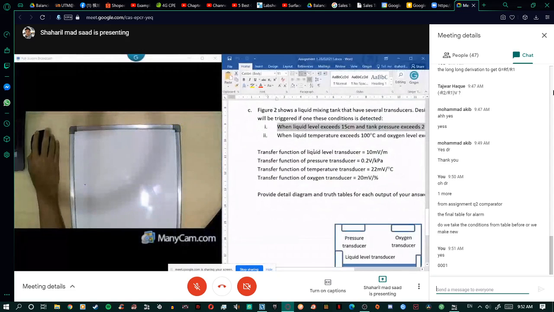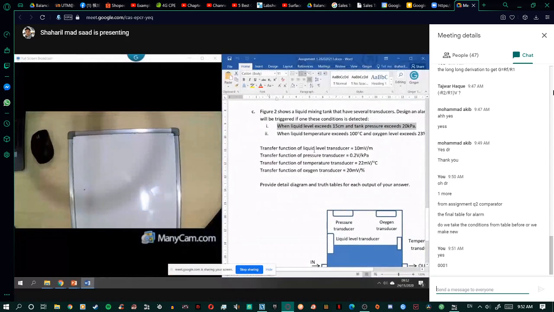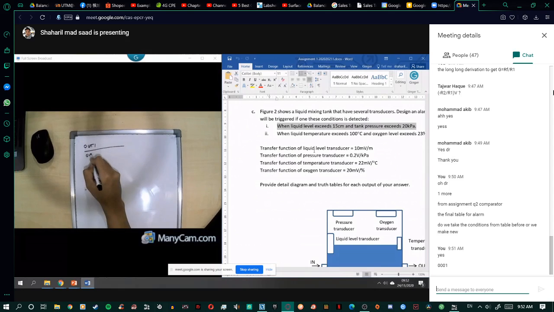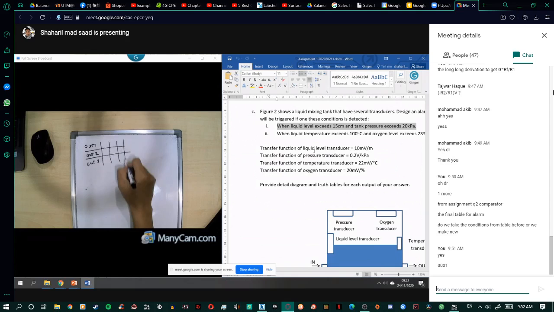For example, this one will give you output one, then output two, then output three here. All of these give you the logical values. For example, you take 0, 0, 1, 0, 0, 1, 1, 1.